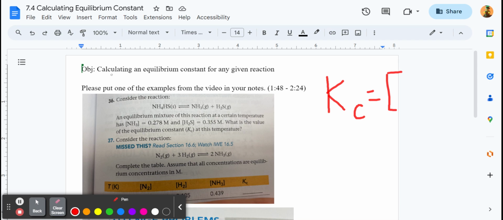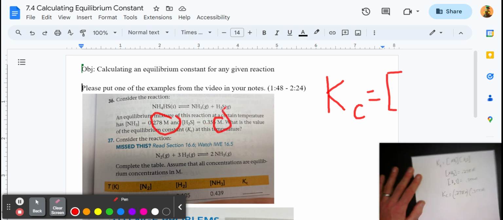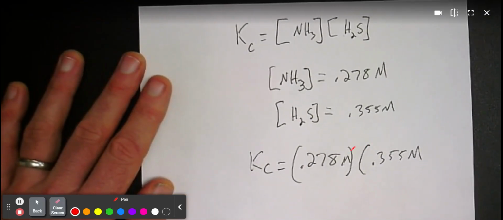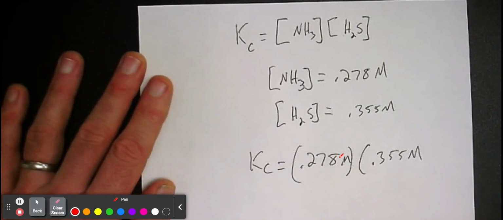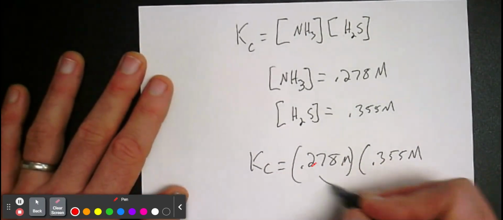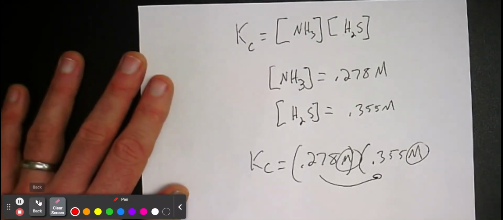Now, you'll notice these molar units, they're just going to fall out. So I'm simply just going to multiply these two numbers.